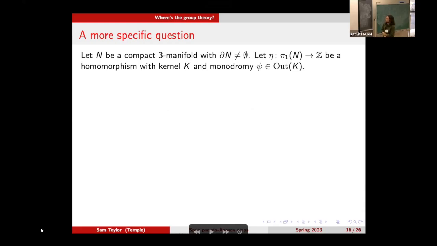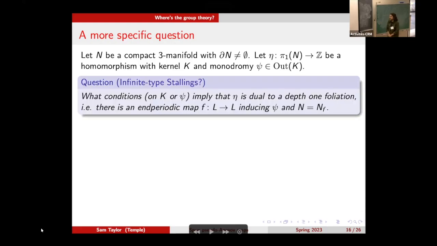Suppose we have a compact 3-manifold N, and maybe the boundary is not empty. And I have a homomorphism to Z, and I'll call its kernel K, and I'll call its monodromy psi. Psi here is just the automorphism that comes from the semi-direct product structure with my map to Z. So is there any sort of infinite type Stallings-like theorem?